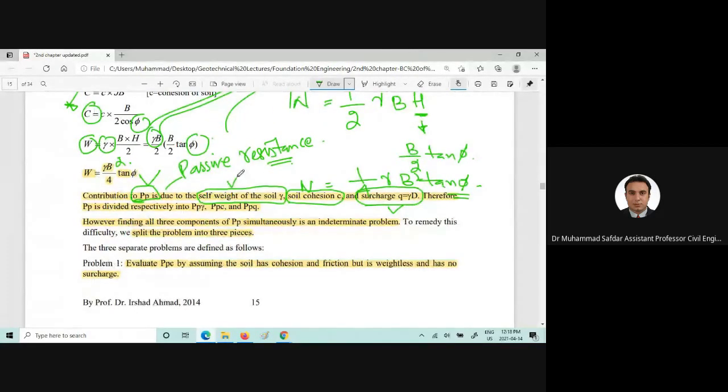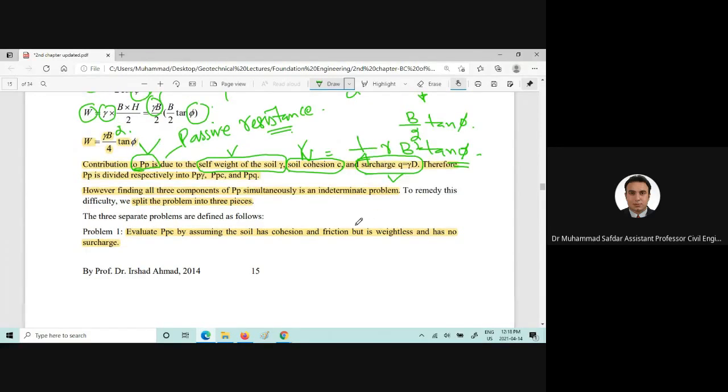So Terzaghi assumed that the PP is dependent upon these three terms: the weight of the soil, the cohesion of the soil, and the surcharge which is acting on the soil as well. But it's difficult to solve this problem because it's an indeterminate problem.